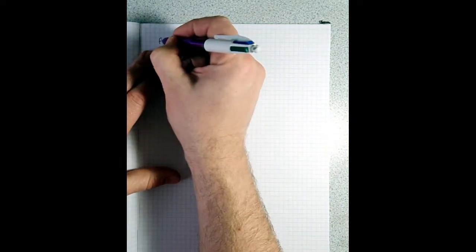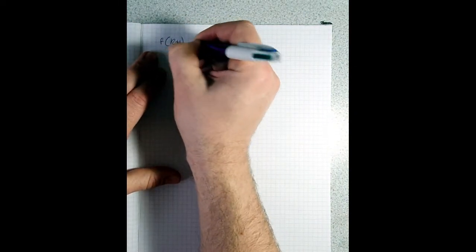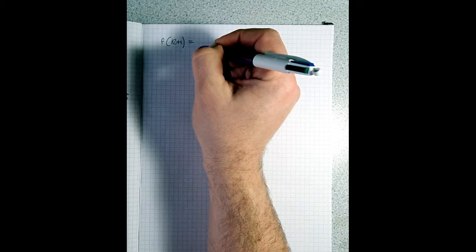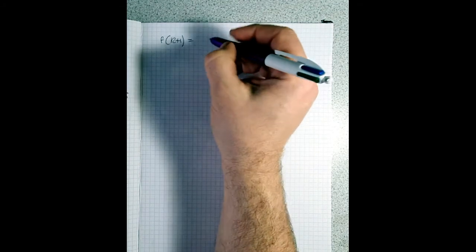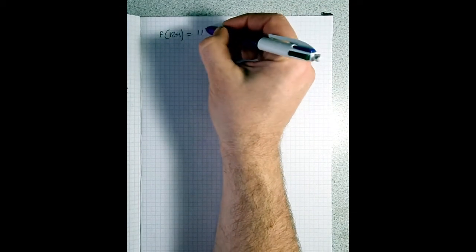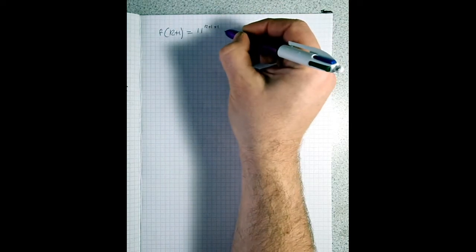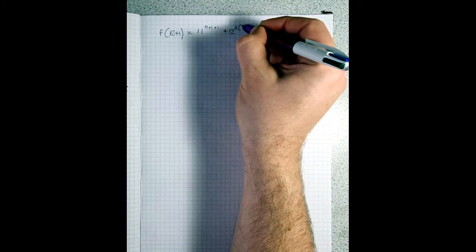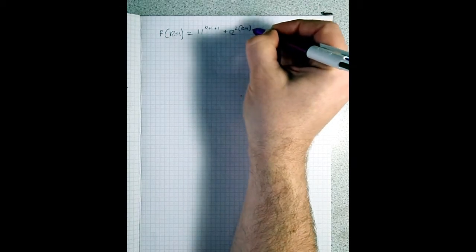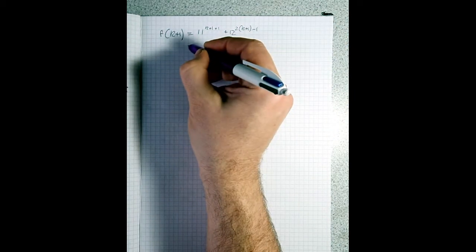So the f of k plus 1, well, that's 11 to the k plus 1 plus 1 plus 12 to the 2k plus 1 minus 1. Let's sort that out.